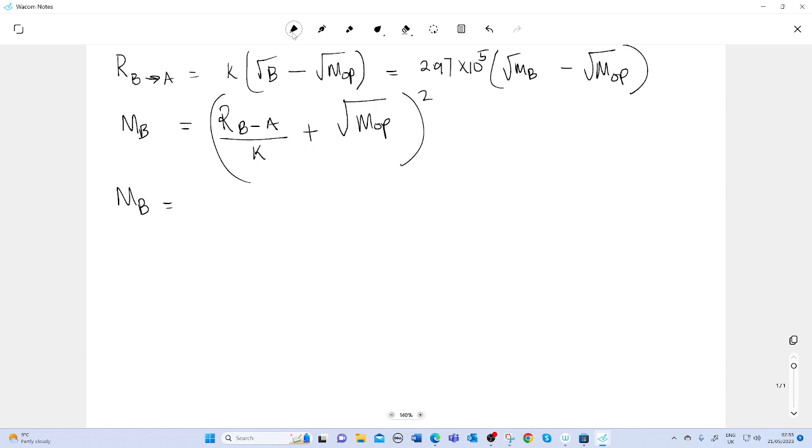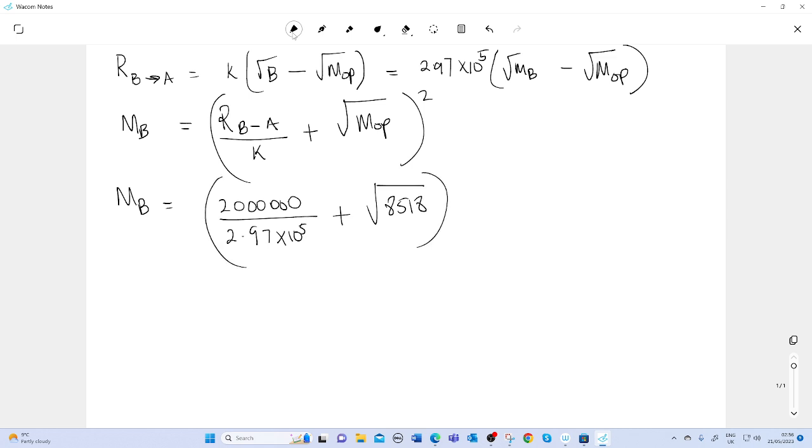MB becomes the range, 2,000 km, over the K constant, 2.97 times 10 raised to the power 5, plus the root of MOP, which is 8,518 kilograms, squared.